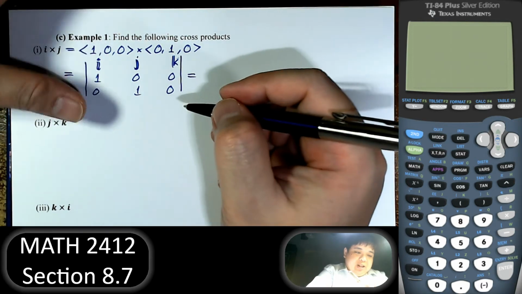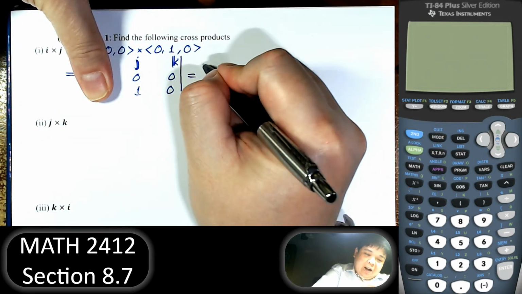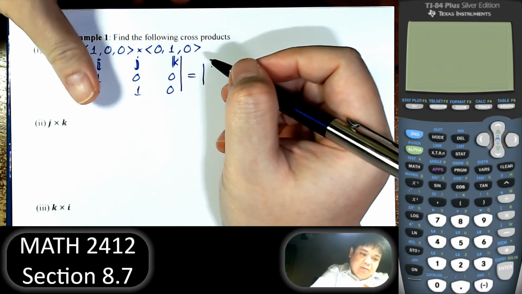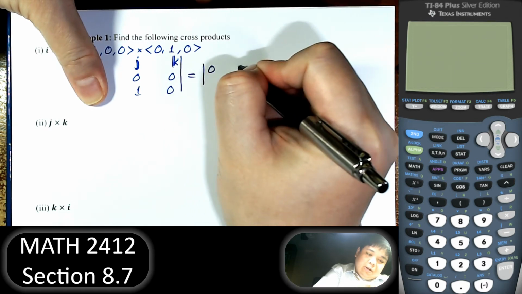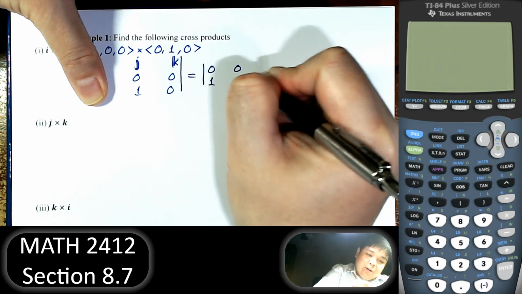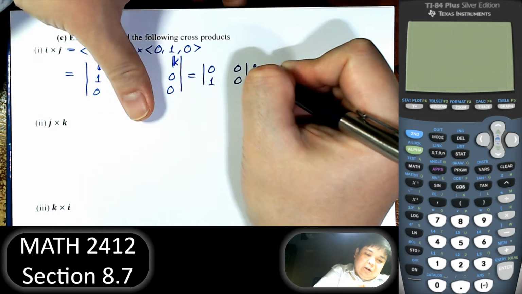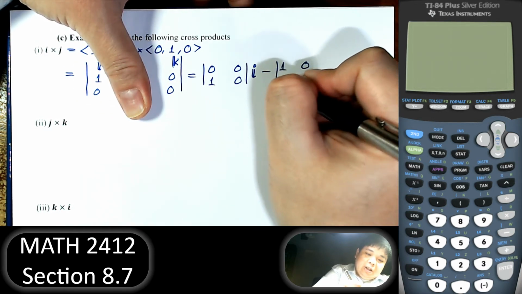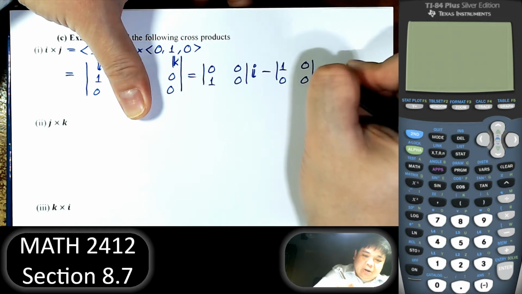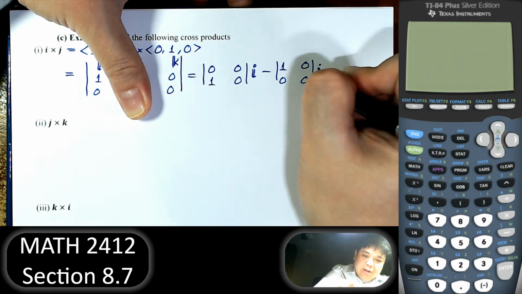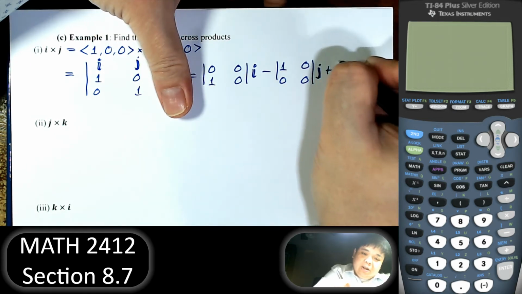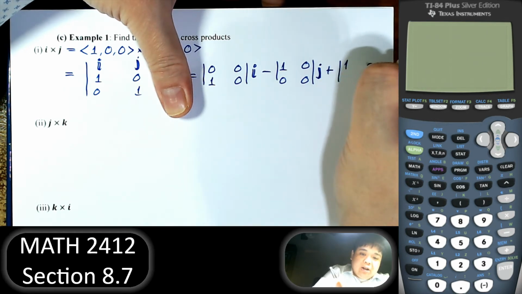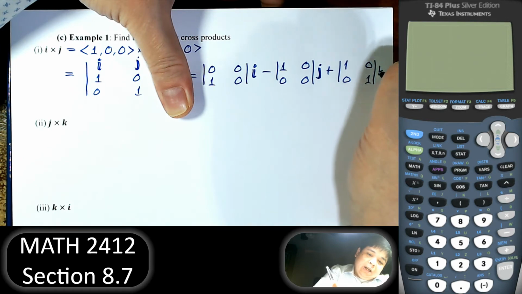When we get used to this, we just do that for i: 0 0 1 0 in the i direction. For j: 1 0 0 0 in the j direction, plus 1 0 0 1 in the k direction.